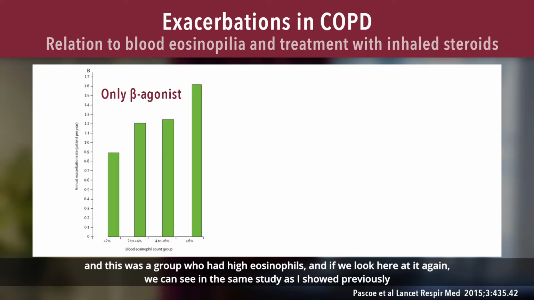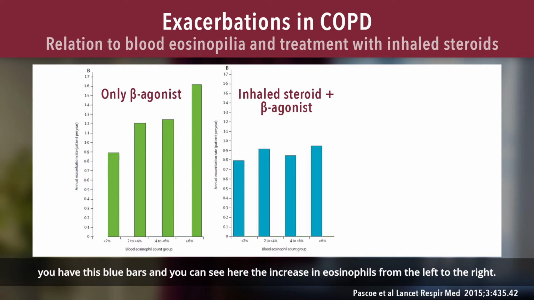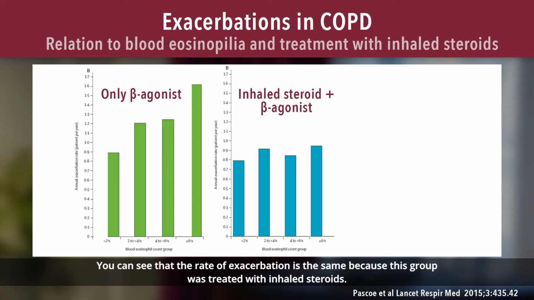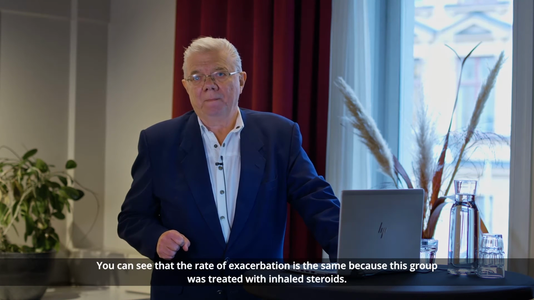And if we look here at it again, we can see in the same study as I showed previously, you have these blue bars, and you can see here the increase in eosinophils from the left to the right. You can see that the rate of exacerbation is the same because this group was treated with inhaled steroids.